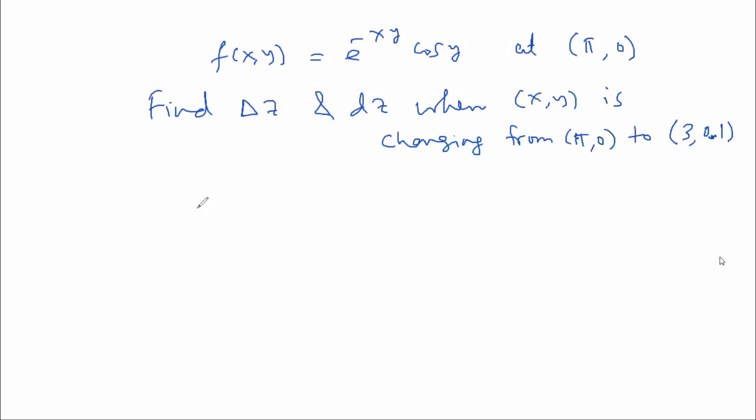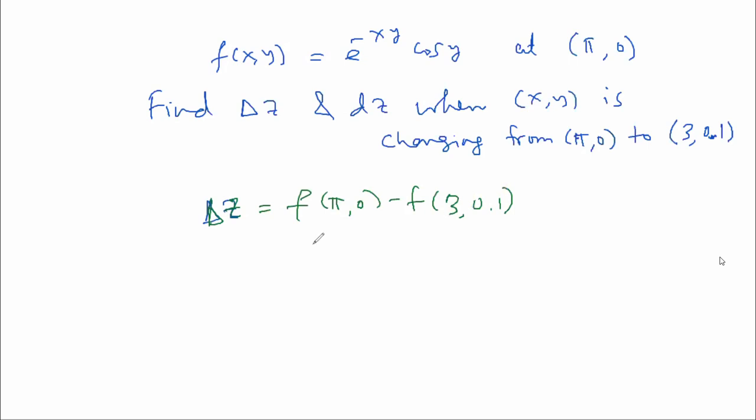So what is delta z? Delta z is just the difference between the heights, right? So delta z is f of 3, 0.1 minus f of pi, 0.